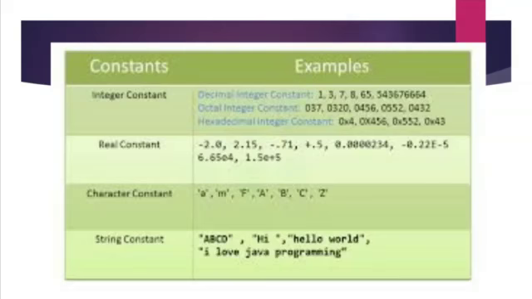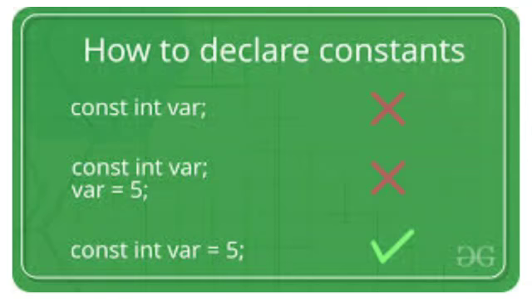Then, the declaration of constants: to declare a constant, the const keyword is placed before the variable declaration and a value is assigned to it. For example, const float pi is equal to 3.14. That pi value cannot be changed anywhere in the program.